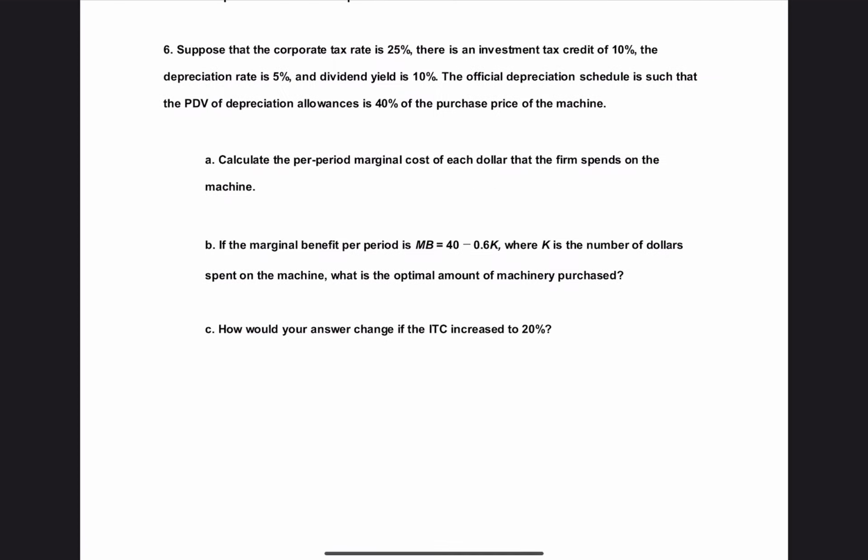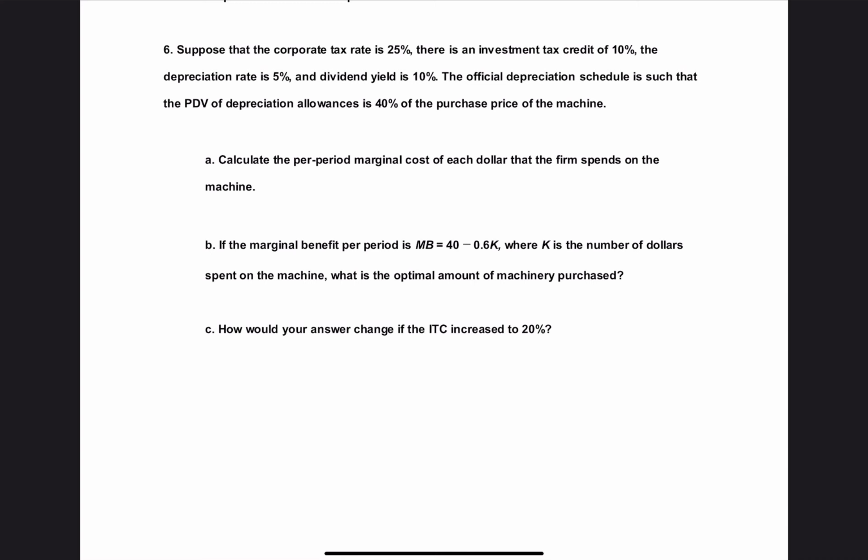So suppose that the corporate tax rate is 25%. There is an investment tax credit of 10%. The depreciation rate is 5% and the dividend yield is 10%. The official depreciation schedule is such that the present discounted value of depreciation allowance is 40% of the purchase price of the machine.